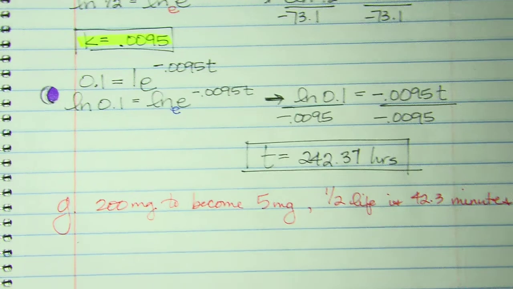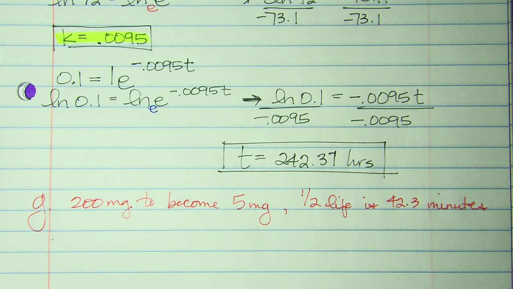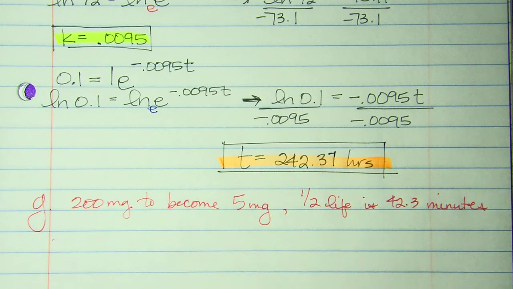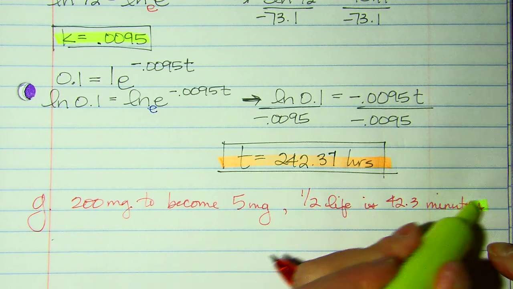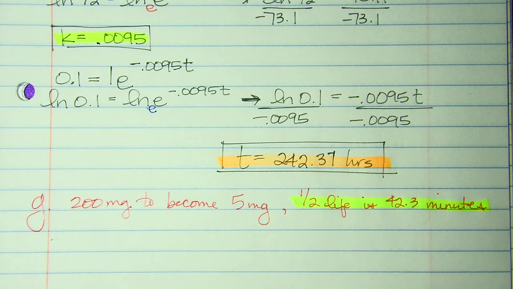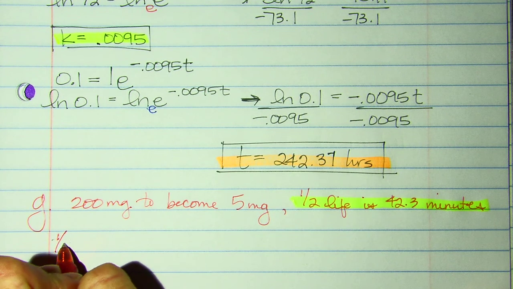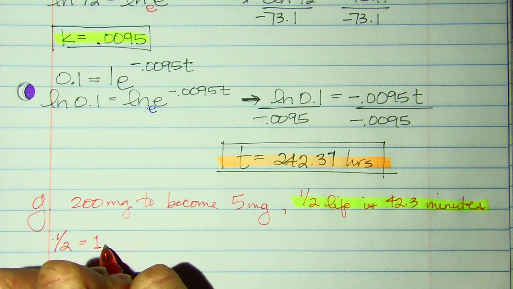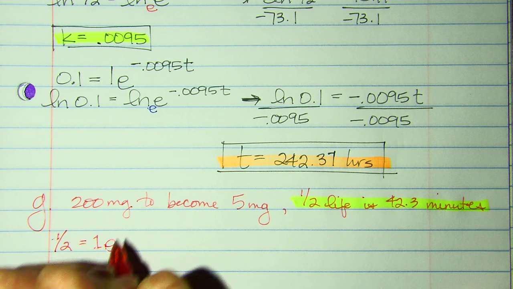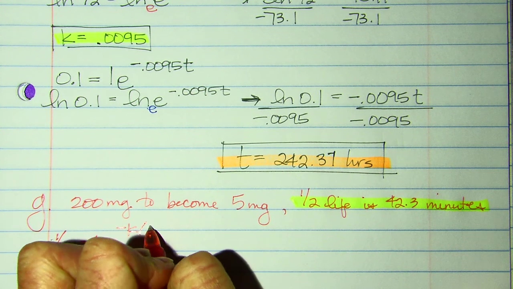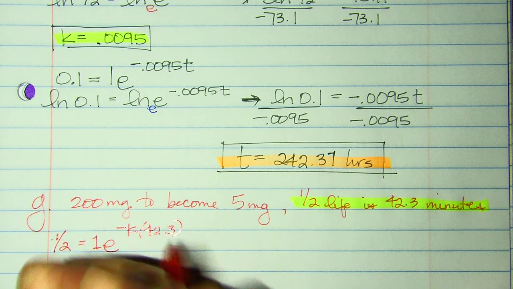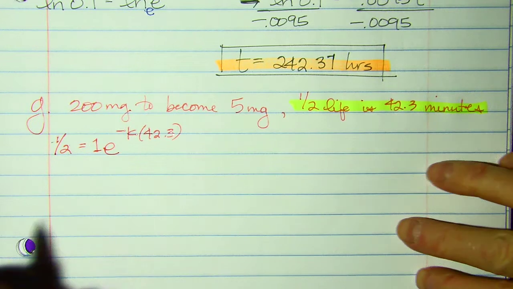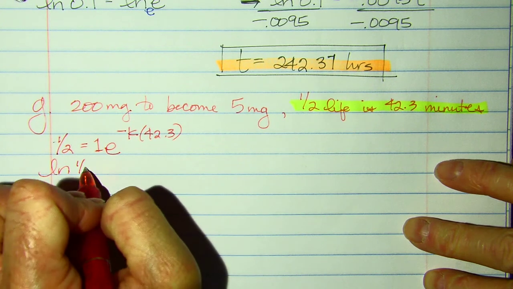So the first thing we're going to do is start with the half-life, just like we did in the last one. So they're saying 1/2 is going to exist. Let's say I begin with 1 gram, half of it would be left for e to the negative k times 42.3 minutes. Now, if you remember how to solve, we're going to take the natural log of both sides.